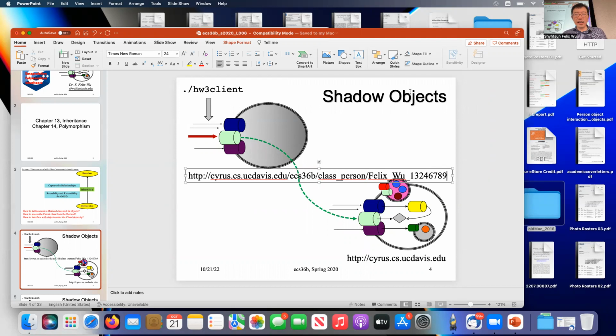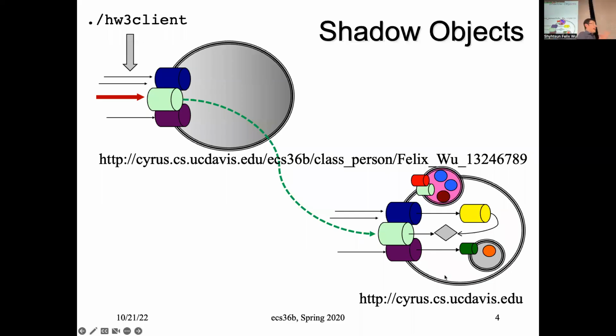So you can see that this is a URL. This URL uniquely identifies an object, and that object resides on this particular server. That's a network address, and then the path. By the way, in the implementation you're going to see that it can generalize.